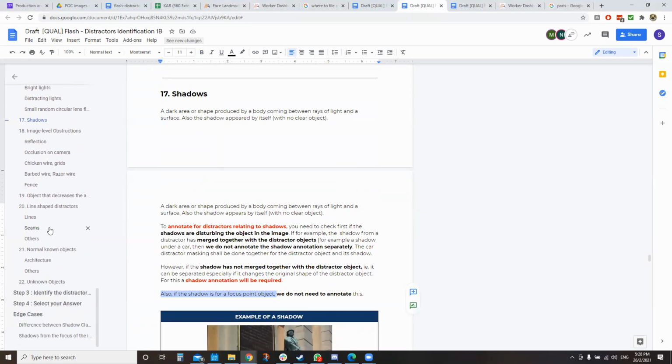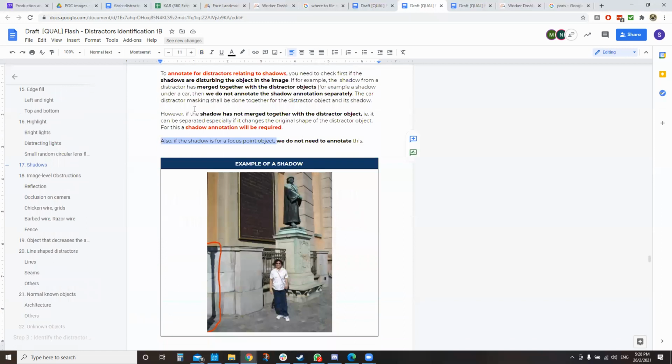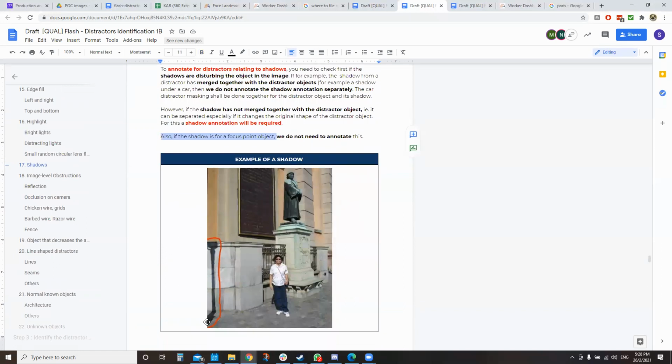The parking meter shadow has to be labeled as something else. This shadow category, number 17, is only for distractors where you can only see the shadow. You cannot see the real thing that is creating the shadow.